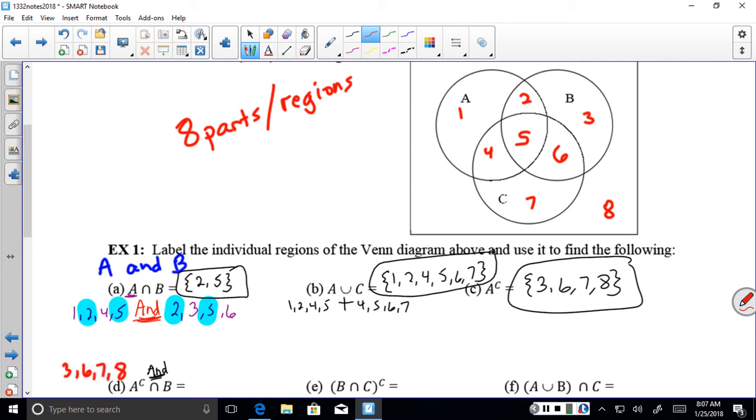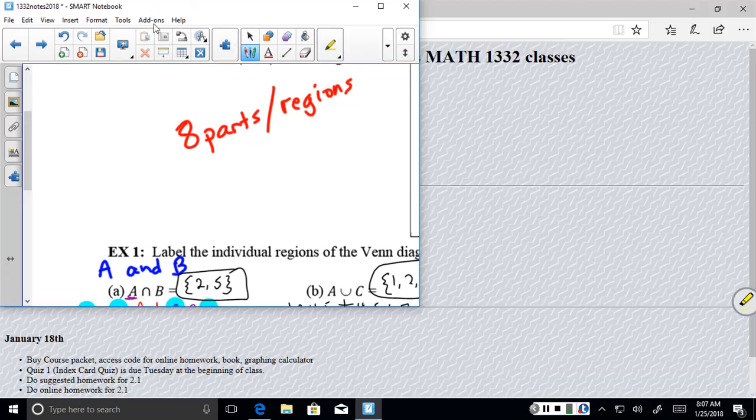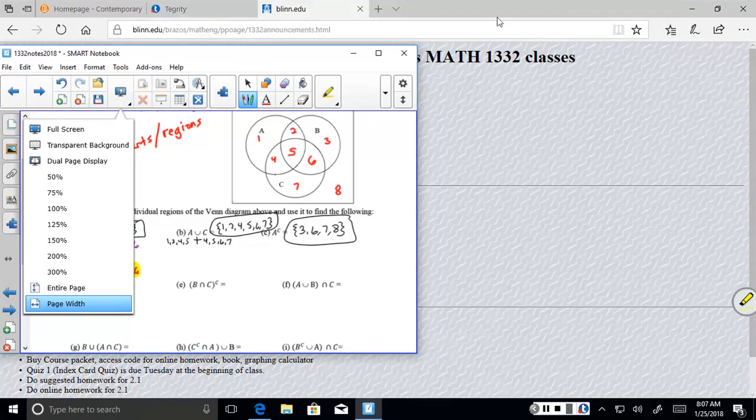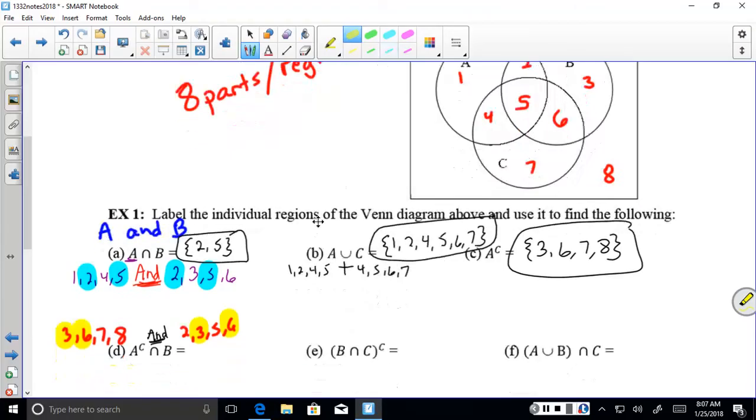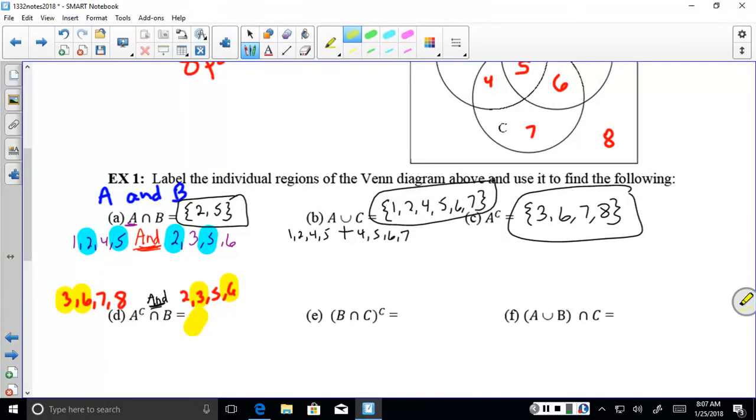That's everything not in A. On the right side of the and, I'm going to write down B, which means all the numbers in B. So 2, 3, 5, 6. The intersection, the and, means I can only count them if they're on the left side and the right side. So they both have a 3, they both have a 6, and that's it. So this is going to be the set containing 3, 6.